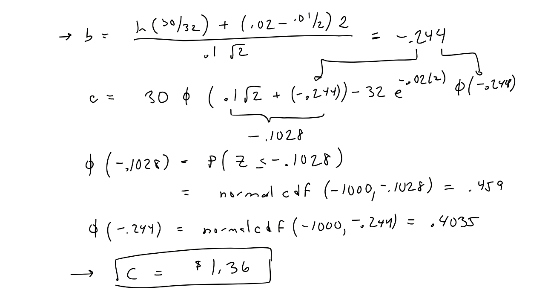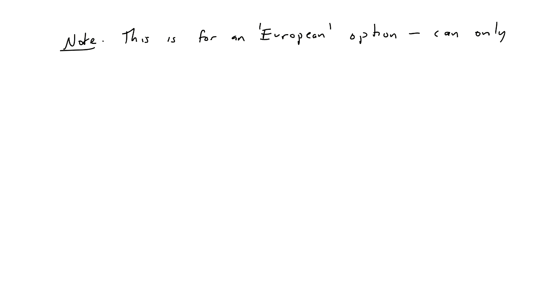Okay, so just a few notes. As I said, this is for what's called a European option, which is if we have an option to buy it at time t, we can only buy it at that one time.